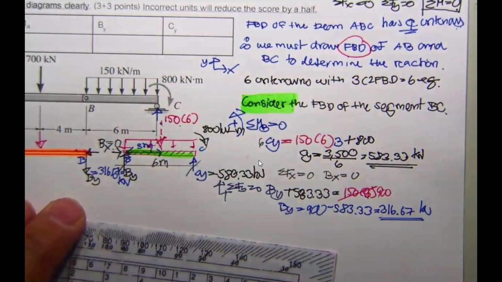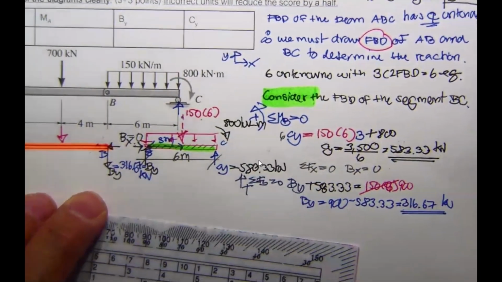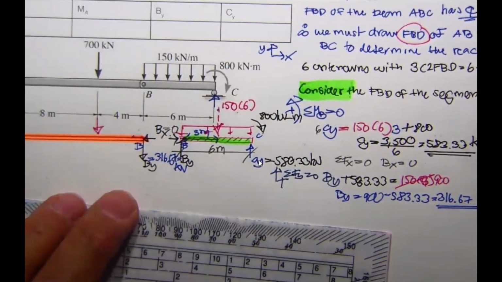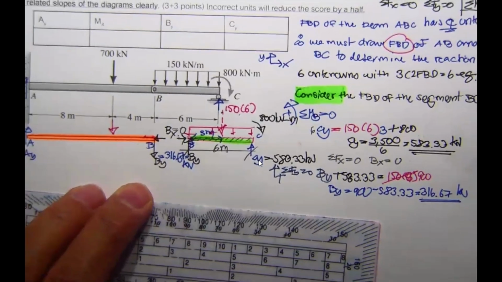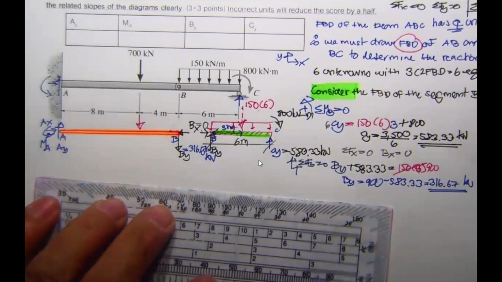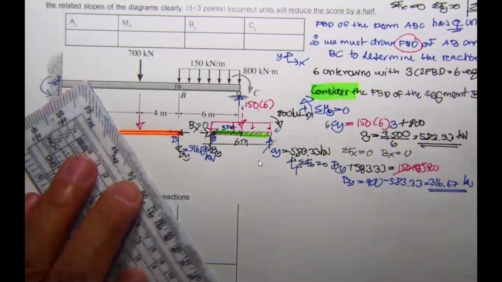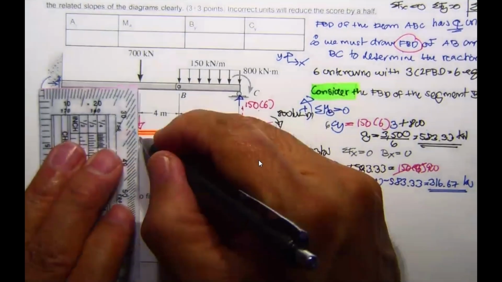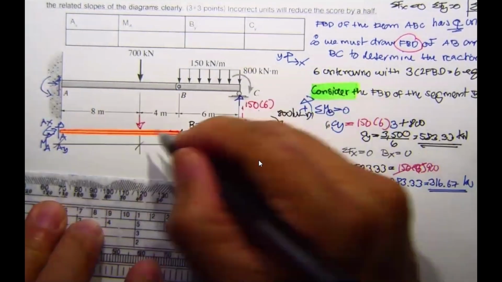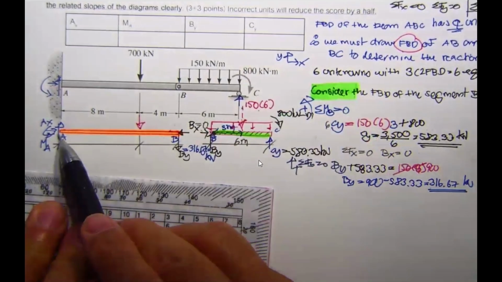Okay, so you move to the next free body diagram. We now have B sub x and B sub y. Our free body diagram has now reduced the number of unknowns from 5 to only 3.